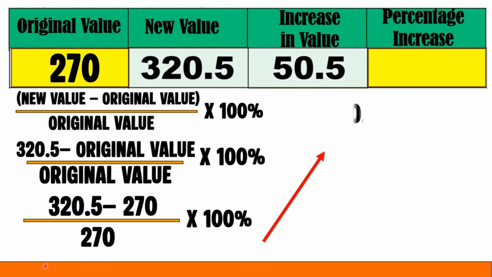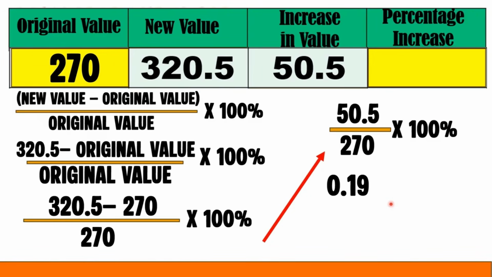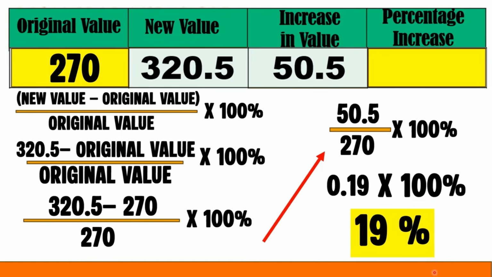Next step is to simplify. 320.5 minus 270 is 50.5. Then divided by 270 times 100. Next, 50.5 divided by 270 is 0.19. Times 100 equals 19%.